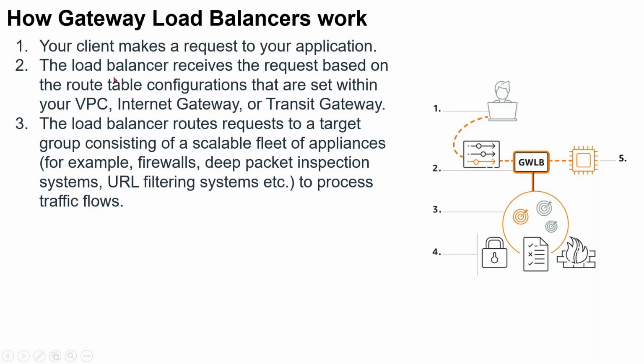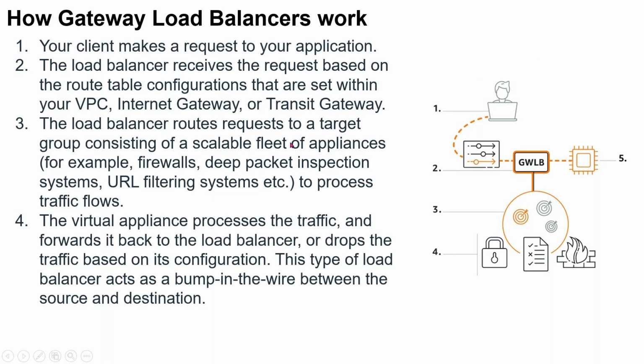In the network load balancer, the load is balanced from the load balancer and sent directly to the targets. In this case, the load is balanced through the route tables, VPC and internet gateway. You can look at the flow diagram here.